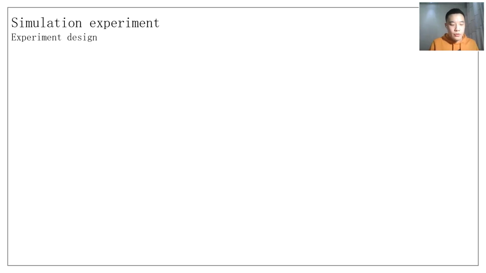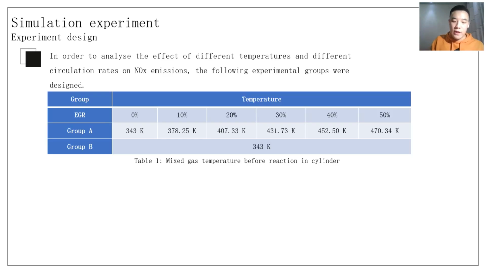In order to analyze the effect of different temperatures and different circulation rates on nitrogen oxide emissions, the following two experimental schemes are designed with different exhaust gas recirculations, with exhaust gas recirculation rates as variables. In Group A, the exhaust gas is not cooled when mixing with fresh gas.